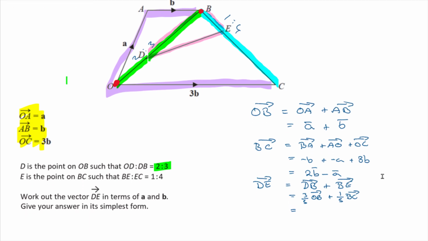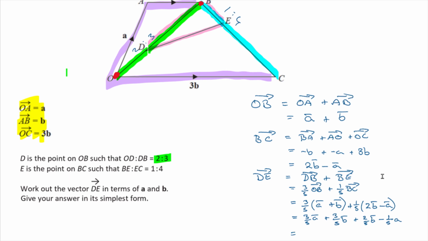So 3/5 of O to B, that's 3/5 of A plus B, plus 1/5 of B to C, which is 2B minus A. Okay, so multiplying out the brackets, that is 3/5 of A plus 3/5 of B plus 2/5 of B minus 1/5 of A.